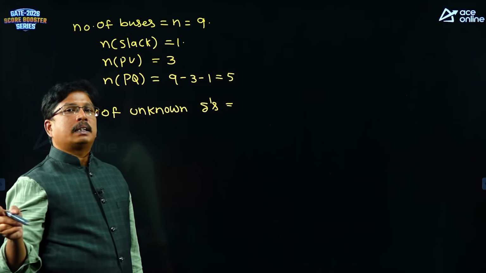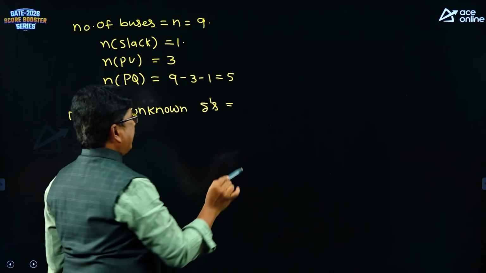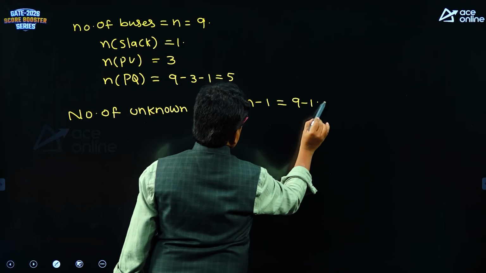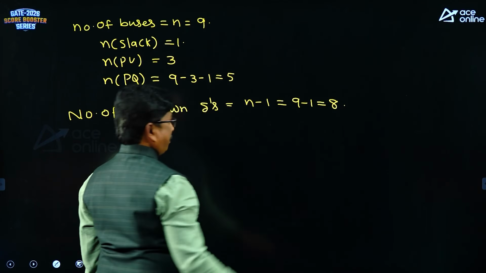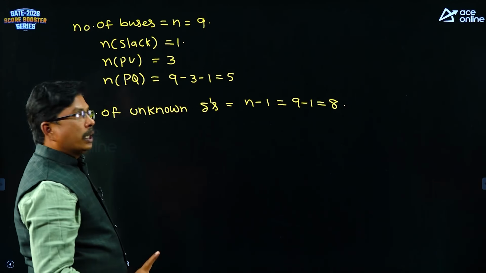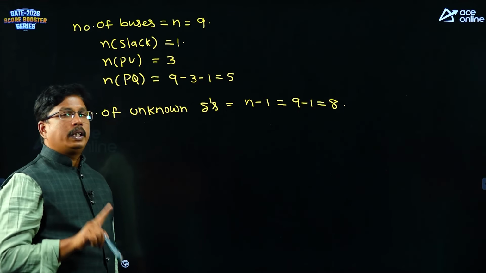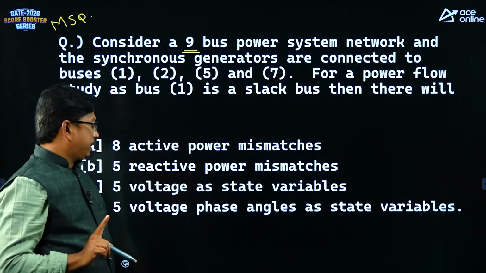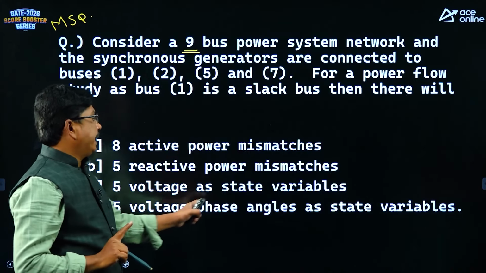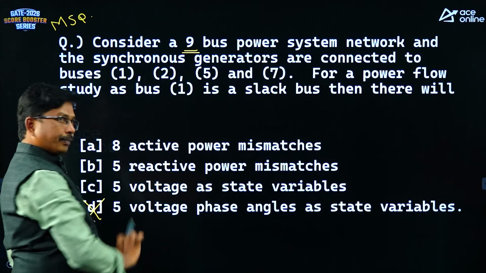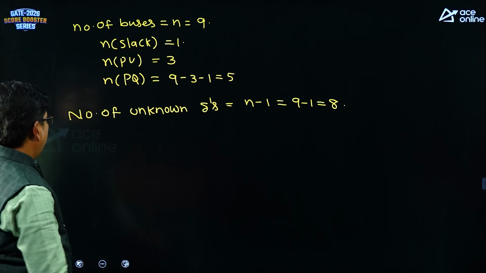At all remaining buses, deltas are unknown, so we can write this as n minus 1, which is 9 minus 1, equivalent to 8. Deltas mean voltage phase angles, so there will be 8 voltage phase angles as state variables. They have given 5 voltage phase angles as state variables, so D is wrong. Next one.